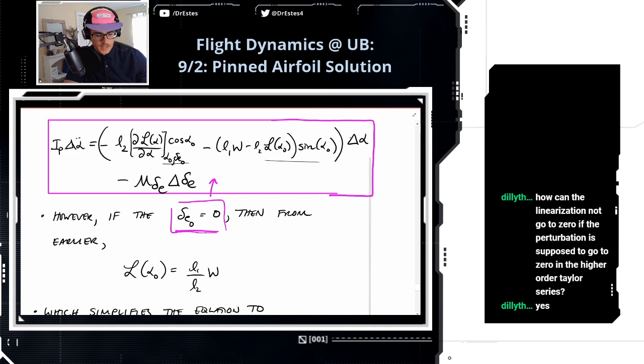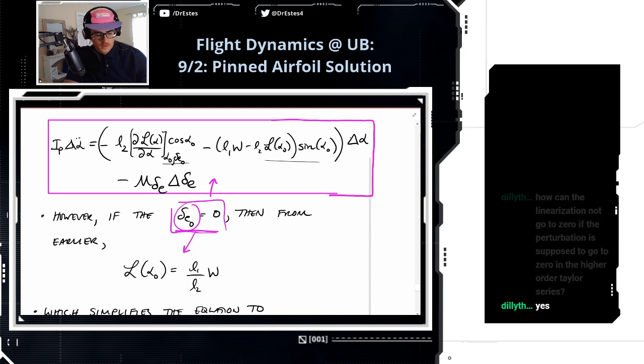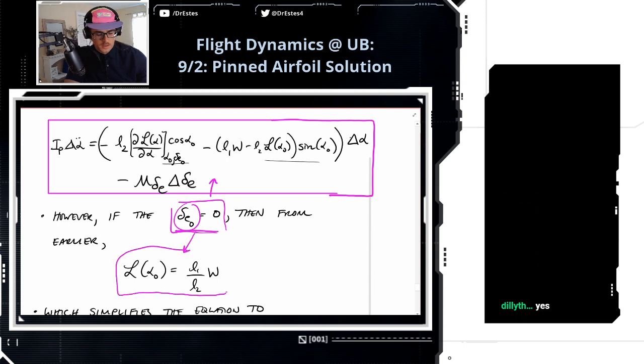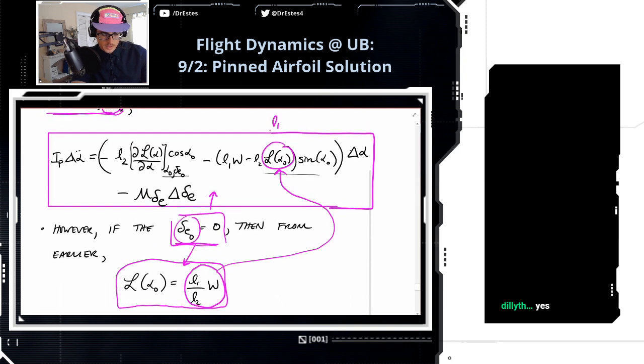So if the equilibrium elevator angle is 0, this condition for the lift happens. Now, if you were to take this and plug it in up here for this lift coefficient, so we're going to plug in L1 over L2 times the weight.